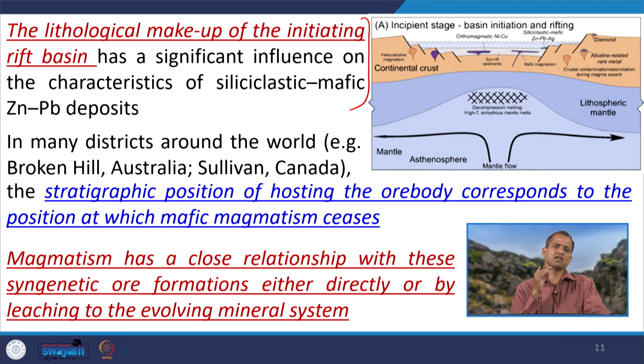So, the initial lithological composition of this basin also influences the type of mineralization in the rift basin. In many districts around the world, like the Broken Hill deposit in Australia and Sullivan in Canada, the stratigraphic position hosting the ore body corresponds to the position at which the mafic magmatism ceases.